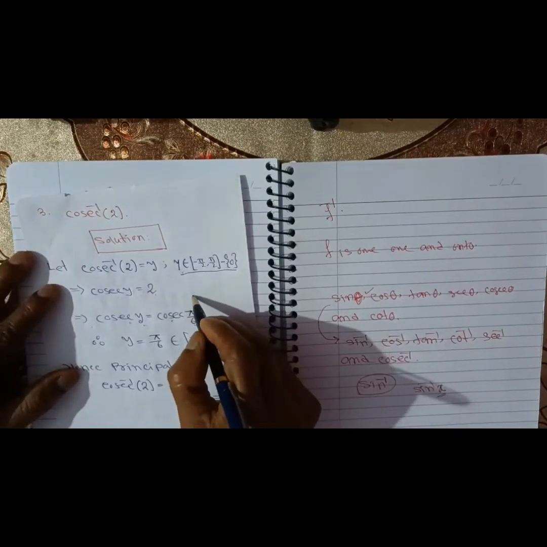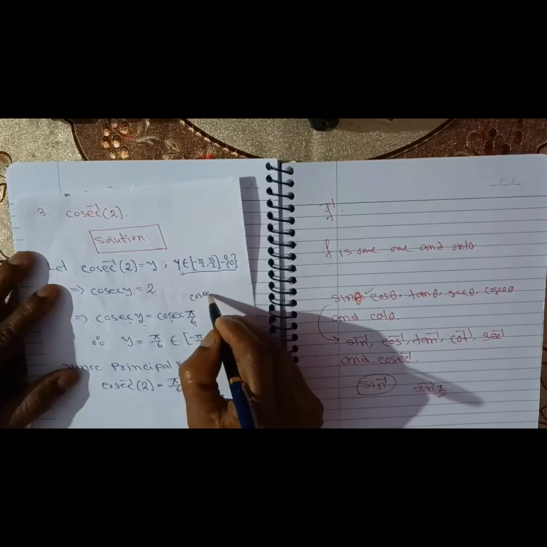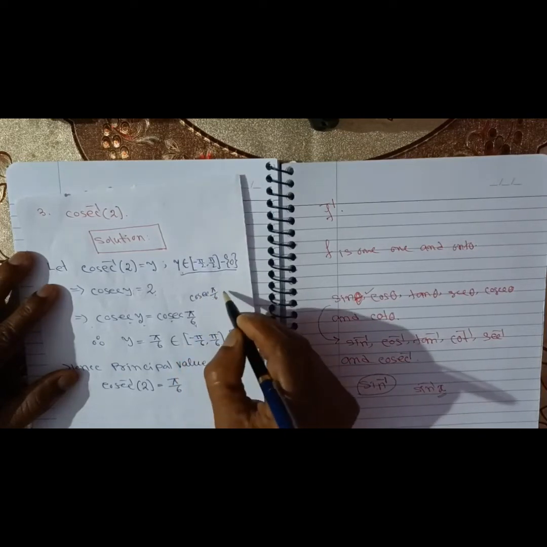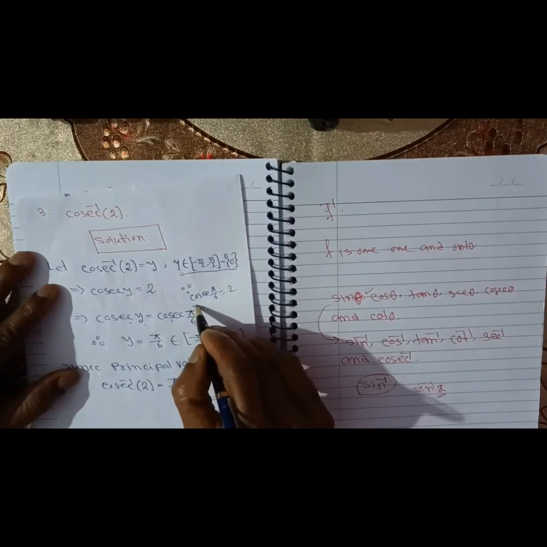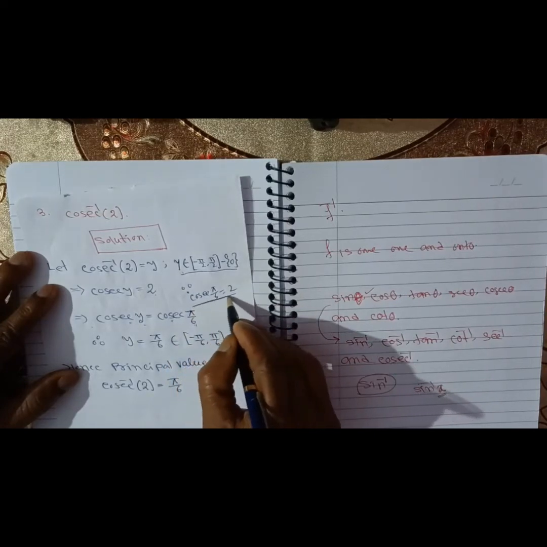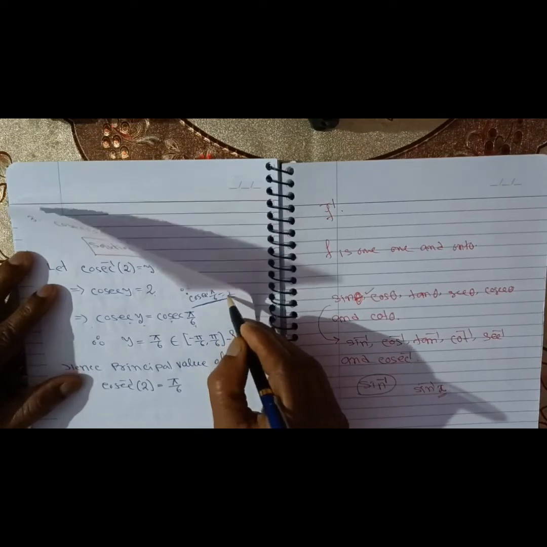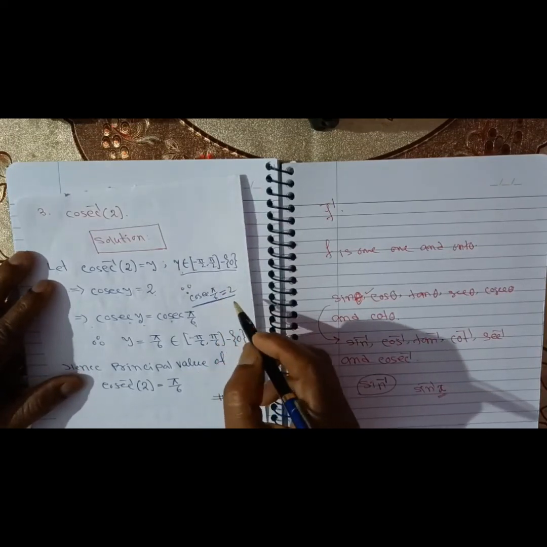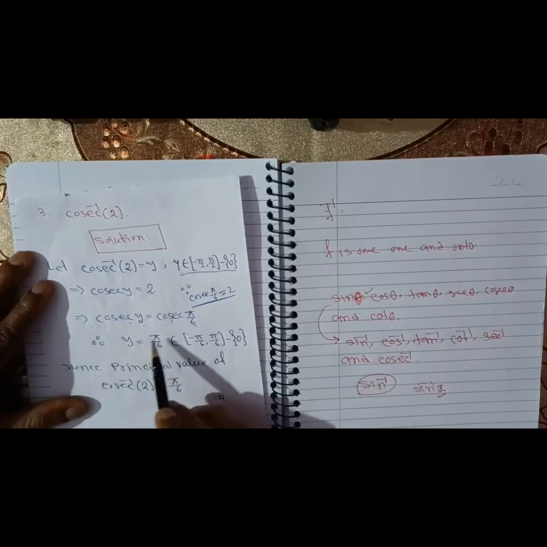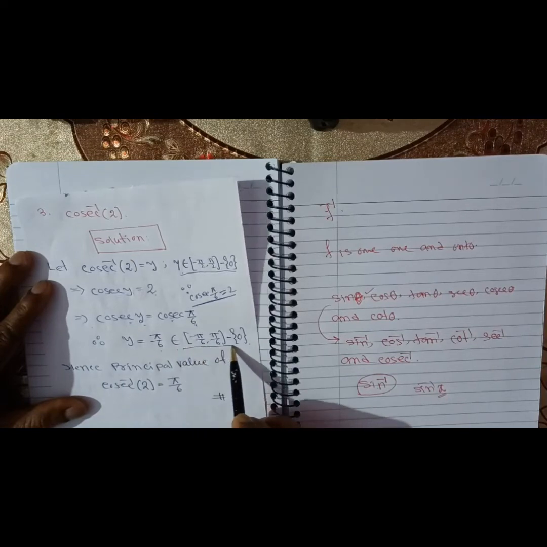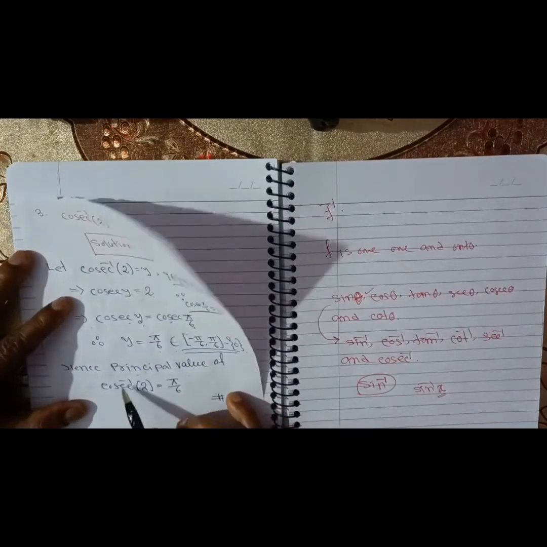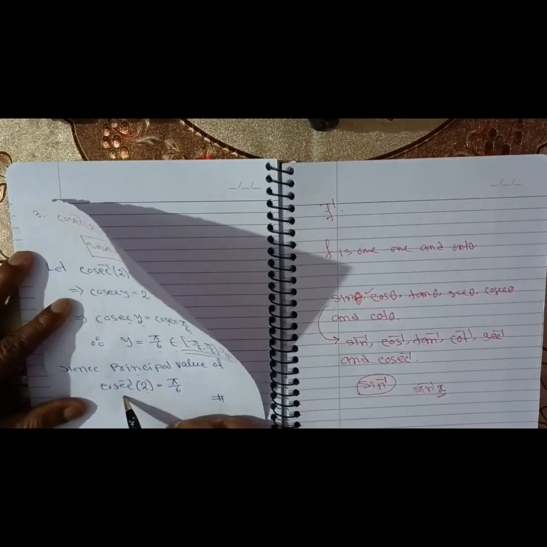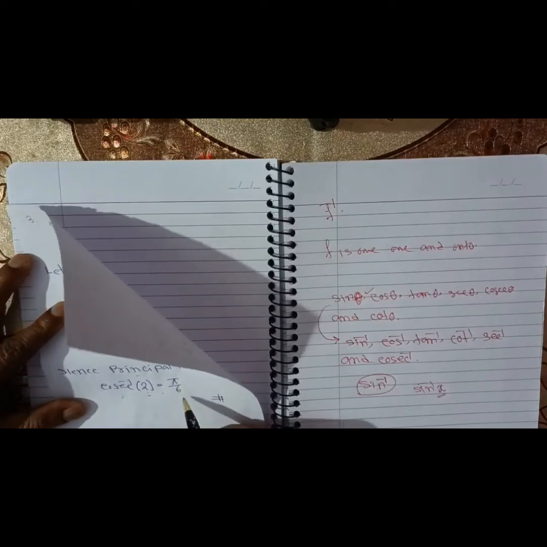That means cosec pi by 6 is equal to 2, since we apply this rule. This rule is found in class 10 or in class 11 also. Therefore y is equal to pi by 6, which belongs to the principal value branch. So principal value of cosec inverse 2 is equal to pi by 6.